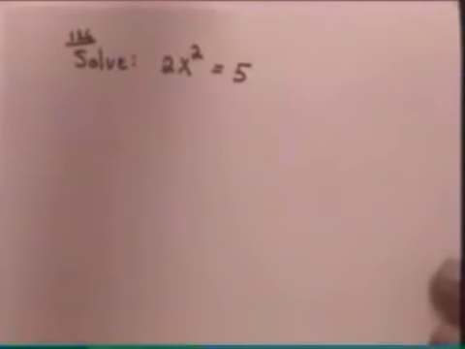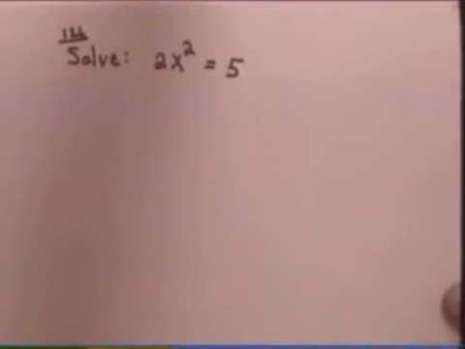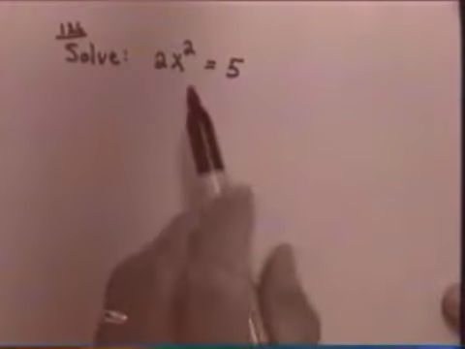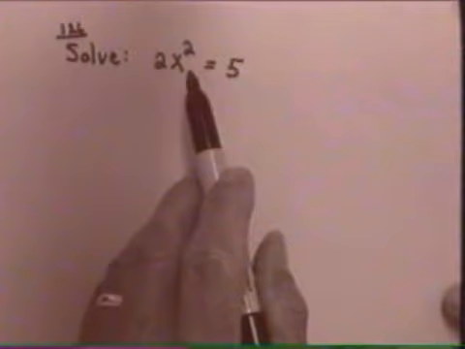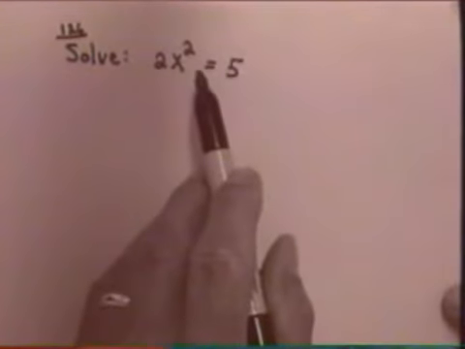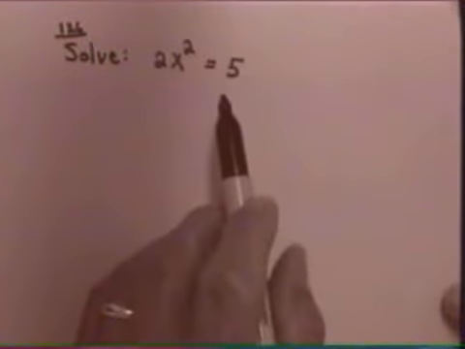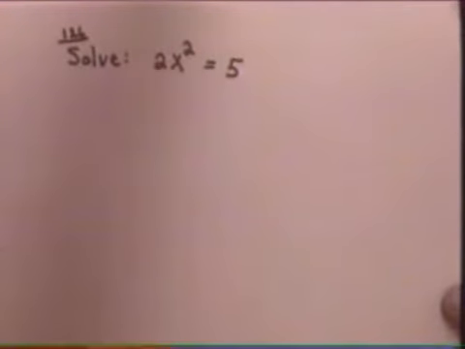Let's solve 2x squared is equal to 5. Now I know I can use my principal root method to solve it because there is no linear term. In fact, I'm going to write a note down here, then come back and solve it.